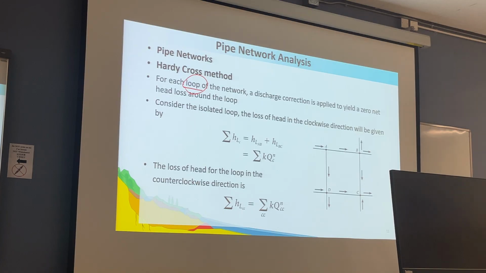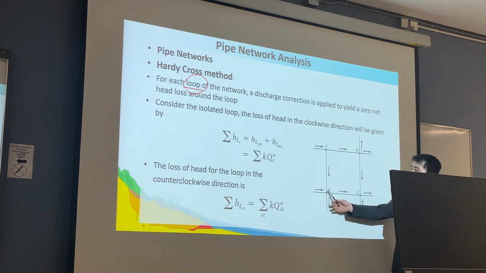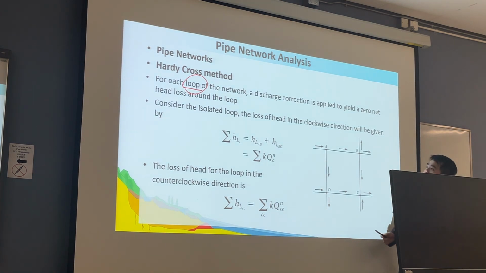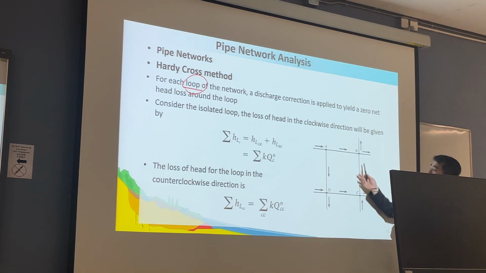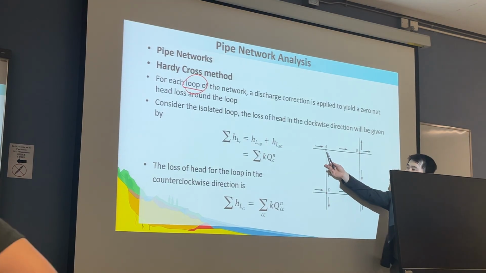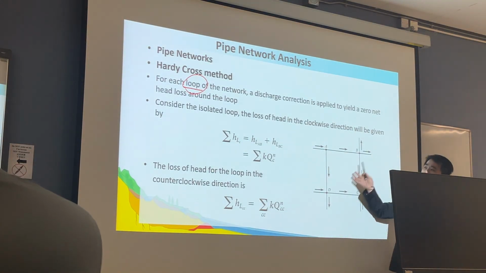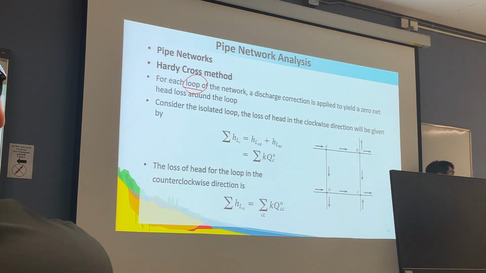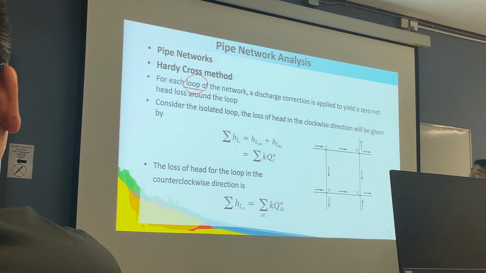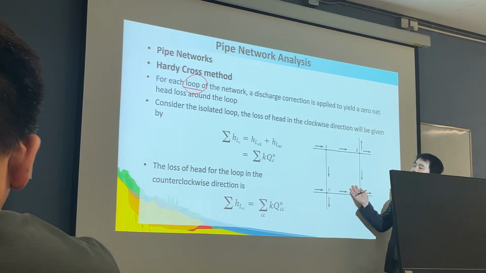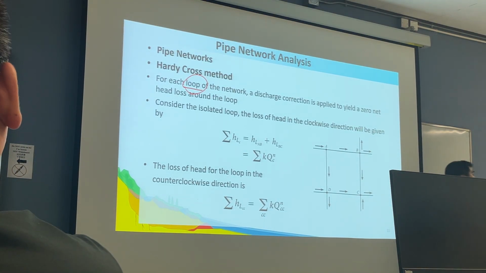In this enclosed loop, the flow will be flowing like this, this, and this. From A to B, B to C, and A is also from A to B and to C. It seems to be very complicated. We can simply classify or separate the pipes by using the clockwise and counterclockwise manner.